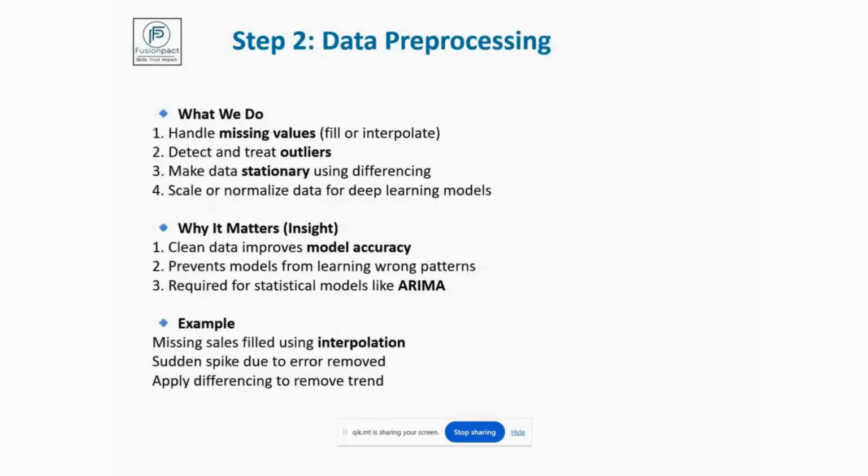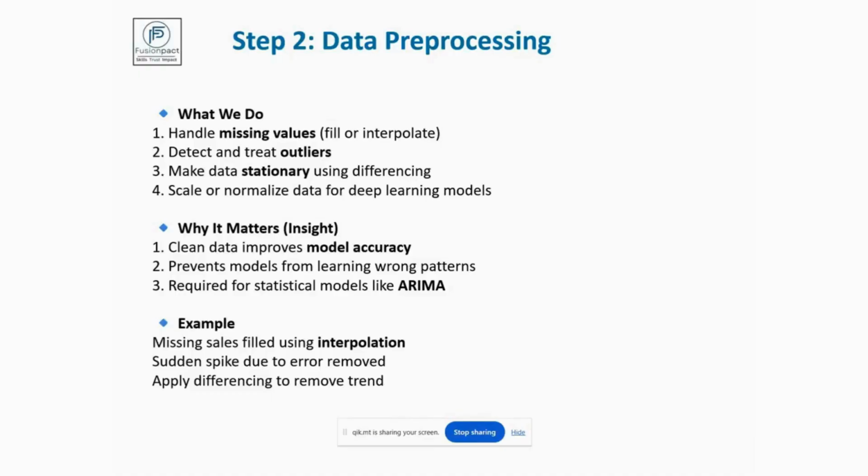Then the second step is data processing. Here we handle missing values, remove or treat outliers, and then make data stationary using differencing if needed. We also scale data for deep learning models. This step is important because clean data improves model accuracy and prevents the model from learning wrong patterns.